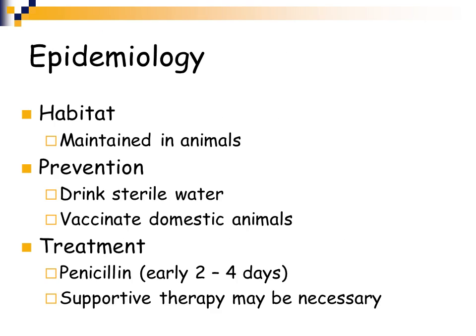So, the habitat of leptospirosis is that the organism is maintained in animals, so it has an animal reservoir. You can prevent leptospirosis infection by making sure you drink sterile water, water that hasn't been contaminated with any animal excrement, and also vaccination of domestic animals.